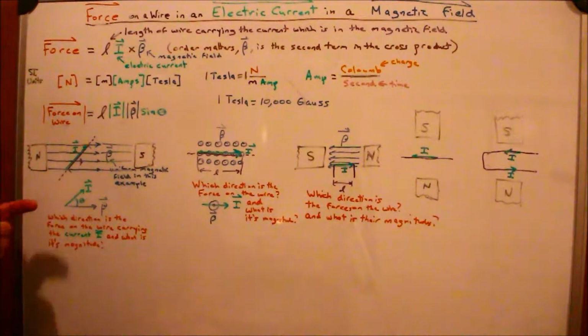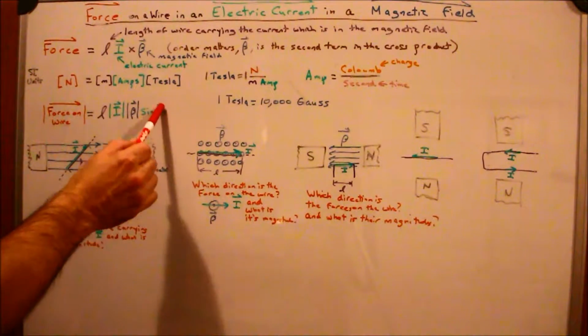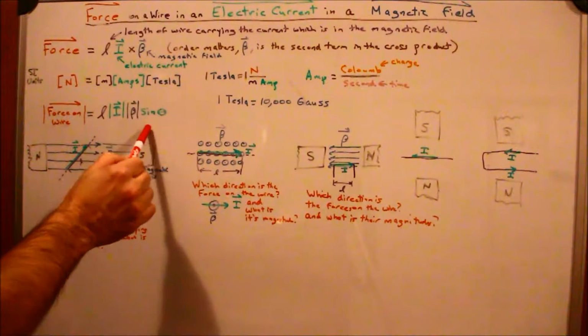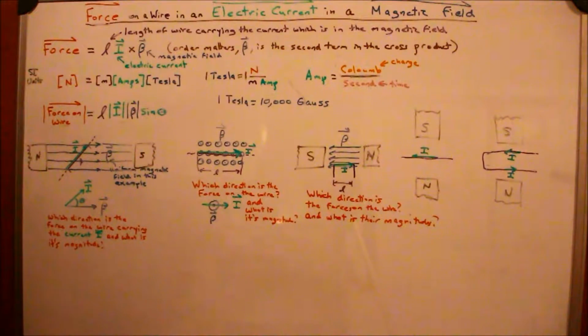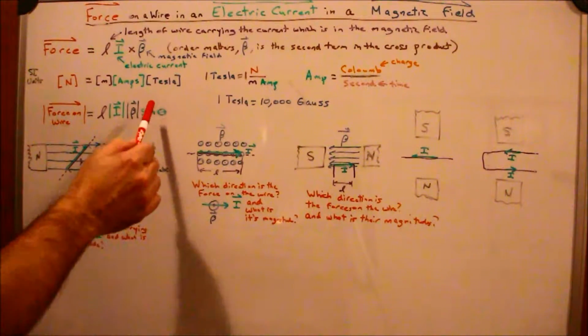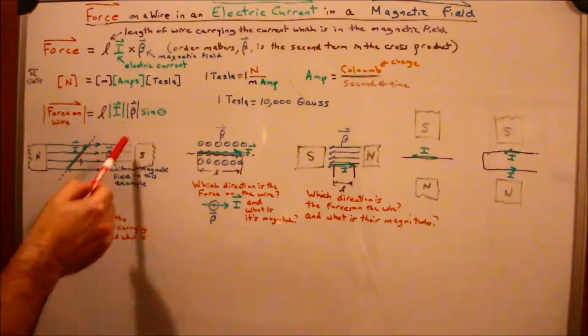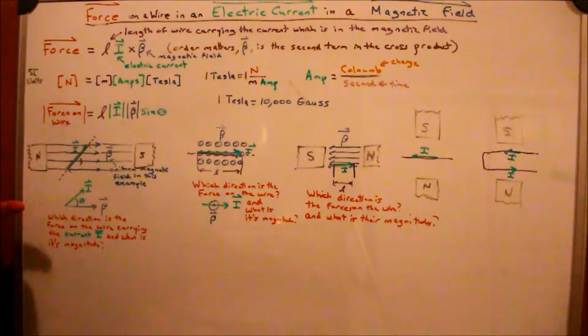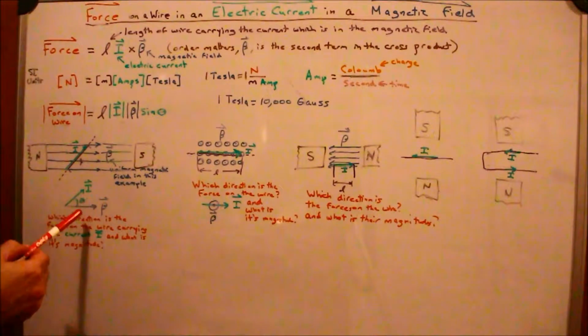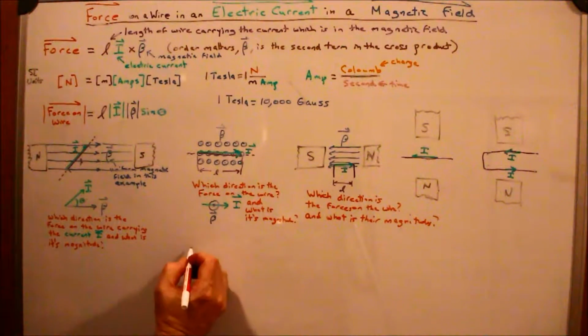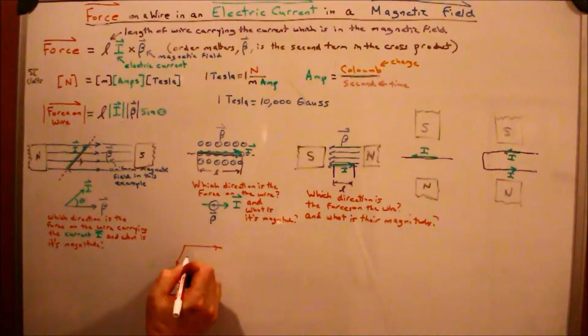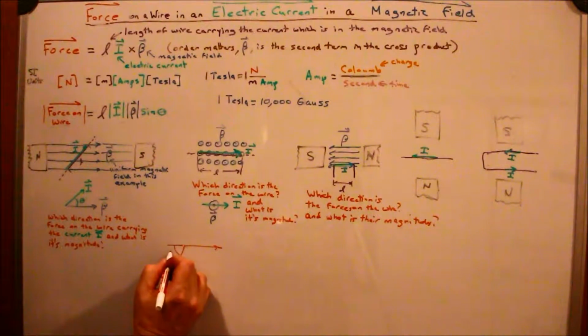Where theta is the smallest angle. We know that the greatest value that the sine of any angle could be is 1, and the sine ranges between 0 and 1. So you always look at whatever angles they make, and find the smallest angle between the two vectors. So if I have a vector going this direction and another vector going this direction, this is my theta.